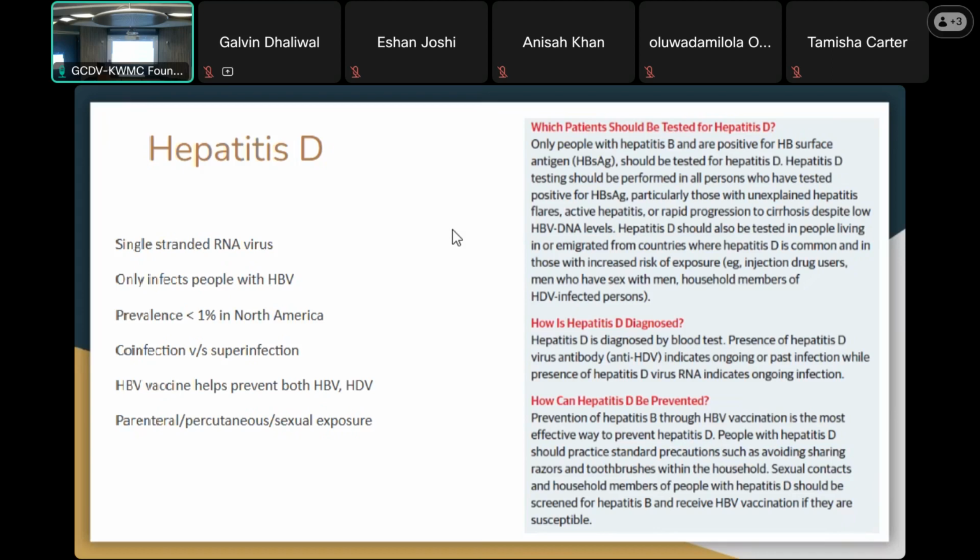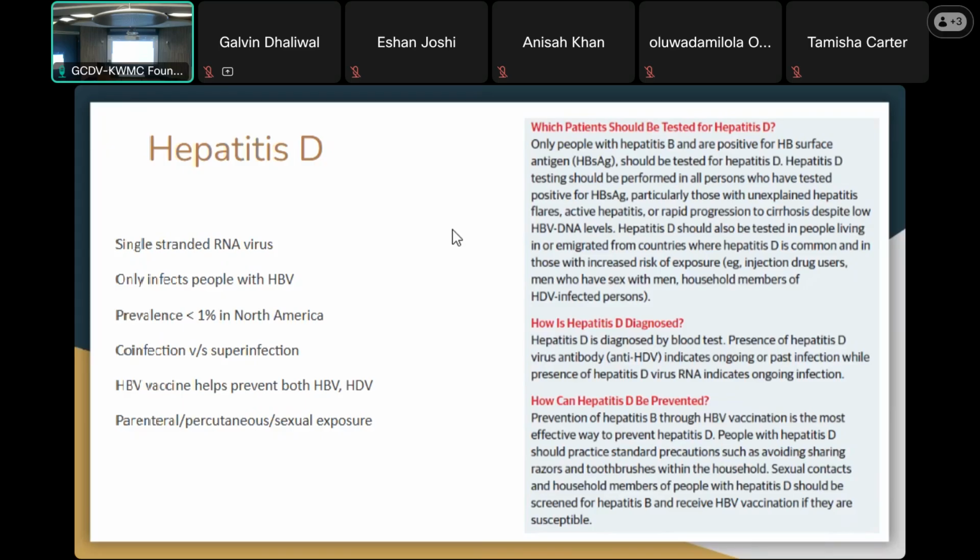And then exposures, there's different ways that you can be exposed. And now, if you're immune to Hep B, you won't have surface antigen positive, and Hep D needs the surface antigen to infect somebody. So if you're immune to Hep B, then you can't get Hep D. The only way you can get Hep D is if you have Hep B surface antigen in the blood.